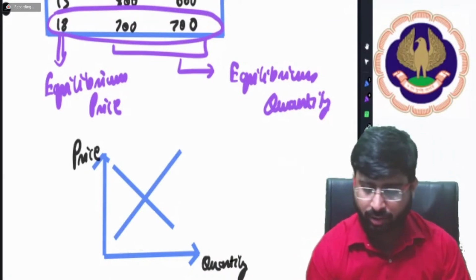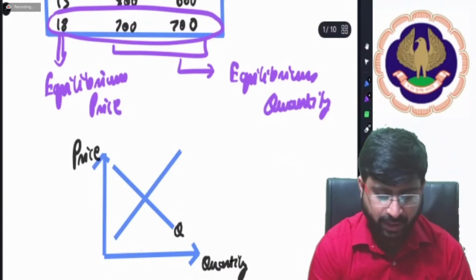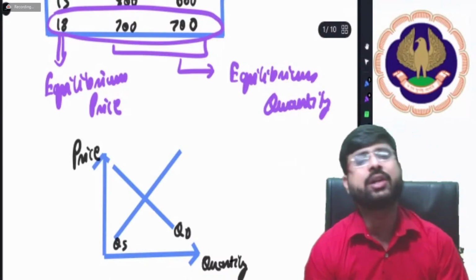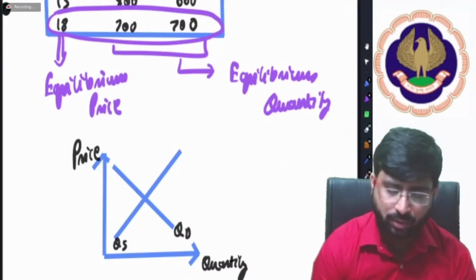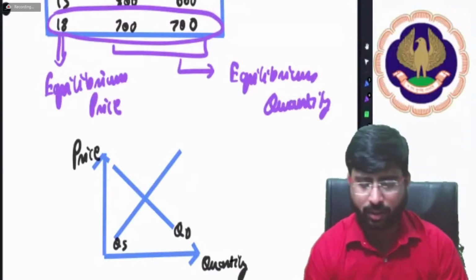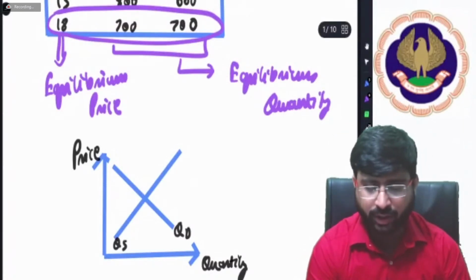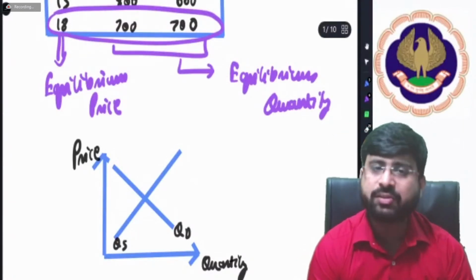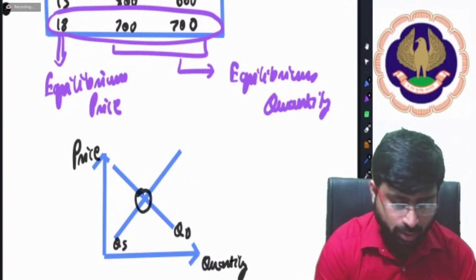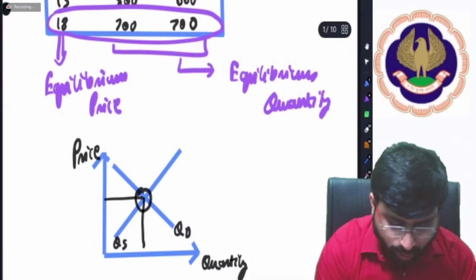There is one curve for quantity demanded and another for quantity supplied. If you look carefully, the quantity demanded and quantity supplied are becoming equal here. So you join them here.